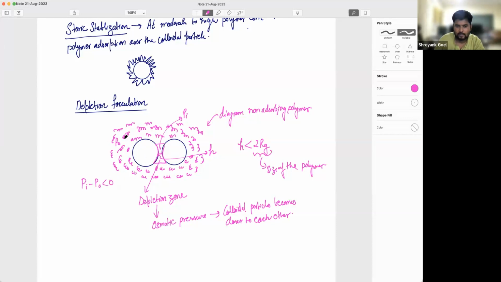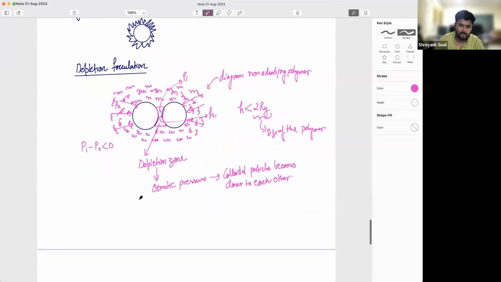So these polymer molecules push the particles towards each other, and the force of interaction is NkBT, pushing the particles towards each other.